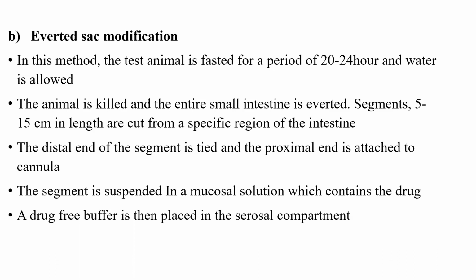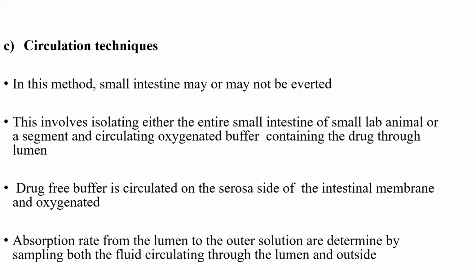After cutting, the distal end of the segment is tied, and the proximal end is then attached to a cannula. After that, the segment is suspended in a mucosal solution which contains the drug. A drug-free buffer is then placed in the serosal compartment. That is the everted sac modification.